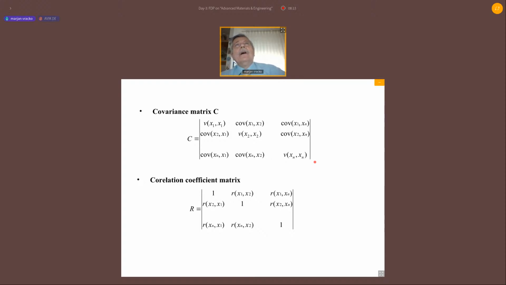If our set has n independent variables, we have a matrix n times n, and this is a covariance matrix, and this is the basic quantity in statistical and chemometrical research. And similarly the correlation coefficients matrix.